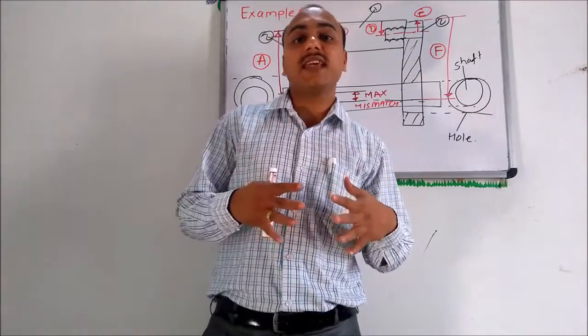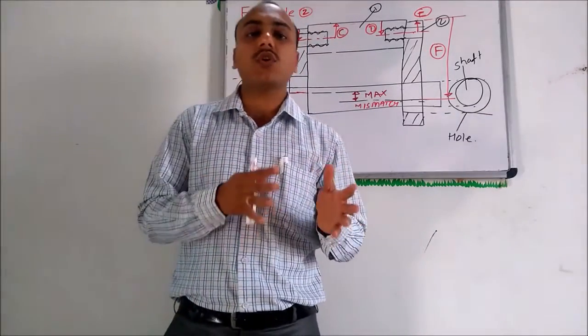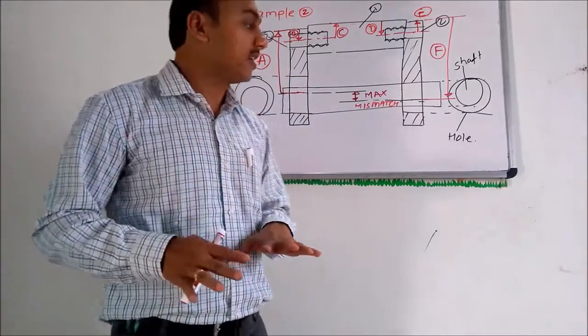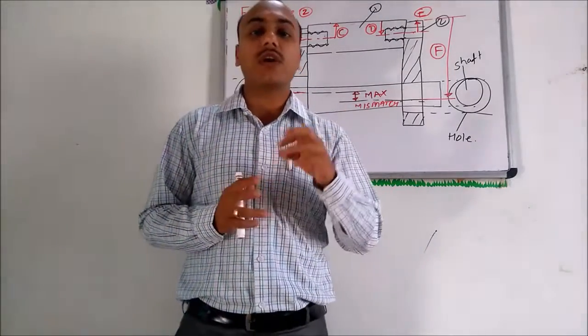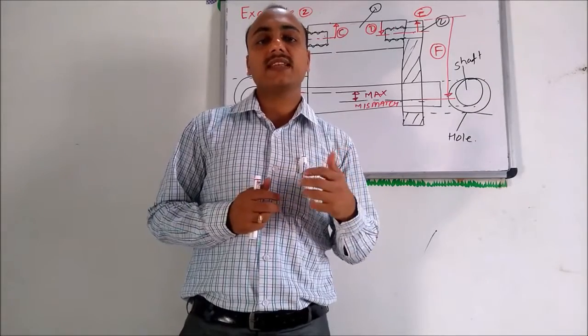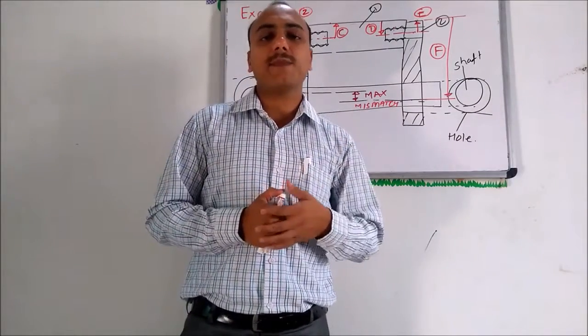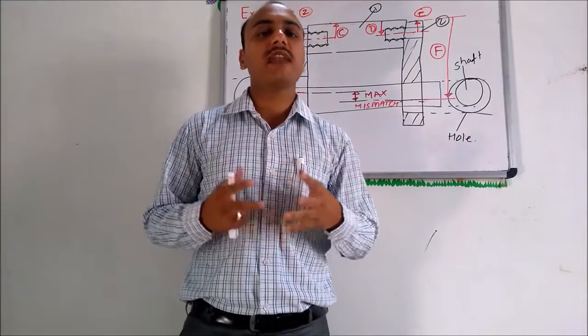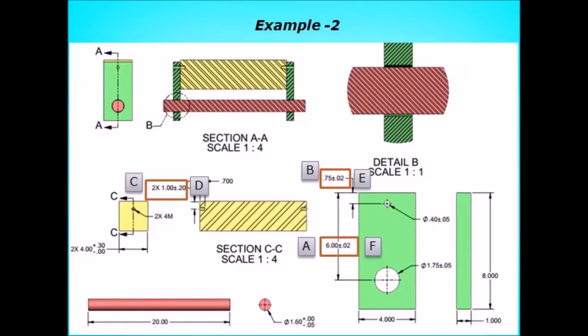But in this case, any direction you take as plus or minus doesn't matter because we are checking the axis mismatch, not the gap. So in these cases, the up direction you can take as plus and the down direction as minus. So we will go ahead with that. Highlighted dimensions are named as per the loop diagram.